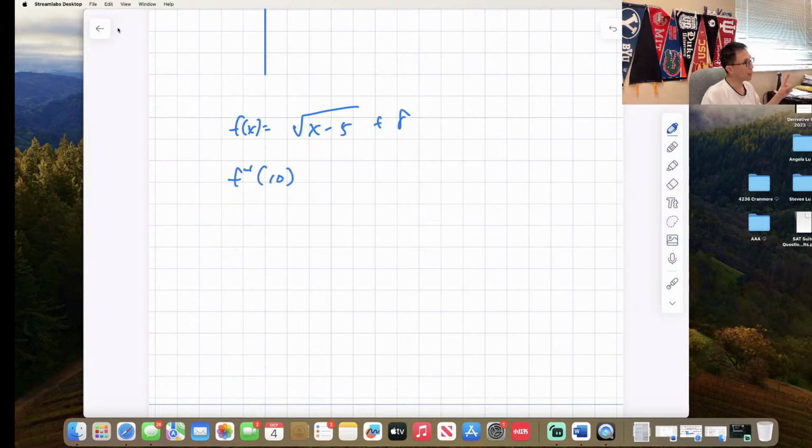Are you able to figure it out without going to the inverse? Or you can find the inverse and plug in 10. Yes, of course you can do that. But are you able to figure out what's f inverse of 10?